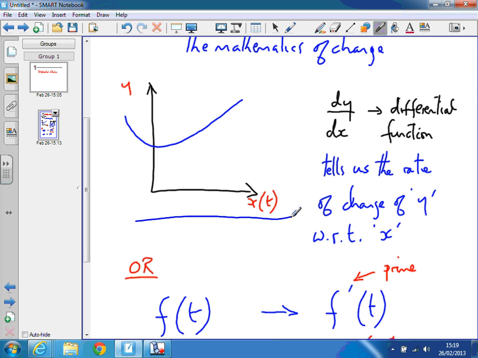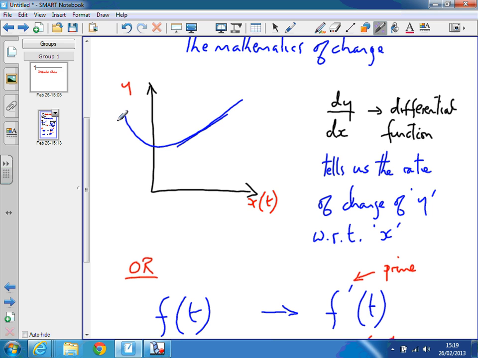The differential of that function, dy by dx, tells us the rate of change of that function of y with respect to x. If we look at this curve, the gradient is actually the rate of change of y with respect to x. So in fact, the differential tells us the gradient of the curve. So at this point, the gradient would be in that sense.